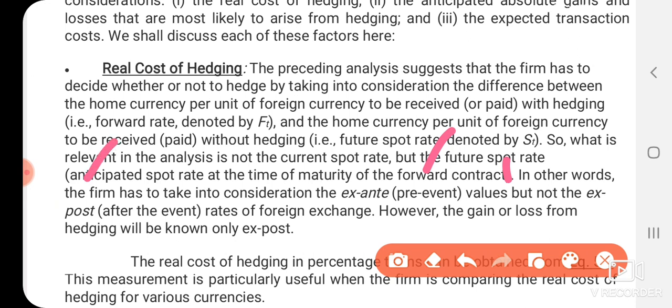However, the gains or losses from hedging will be known only ex post, of course. But we know why, because it is the procedure of transaction exposure before the settlement.